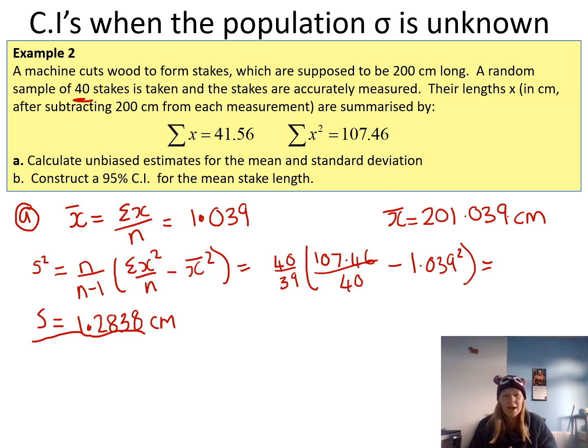Right, construct a 95% confidence interval for the stakes. So B here. What have we got? So we can use the real one if you like here now.